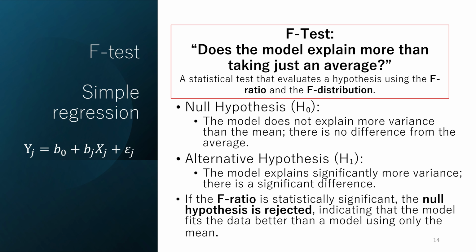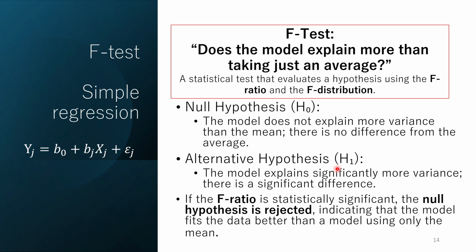Next is the F-test. Does the model explain more than taking just an average? A statistical test that evaluates a hypothesis using the F ratio and the F distribution. Null hypothesis is here: the model does not explain more variance than the mean.